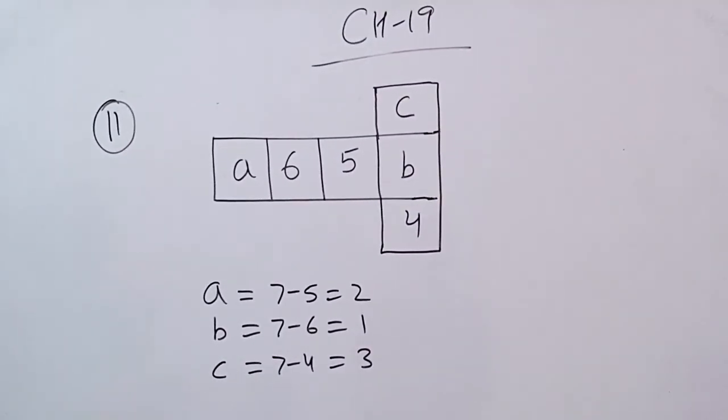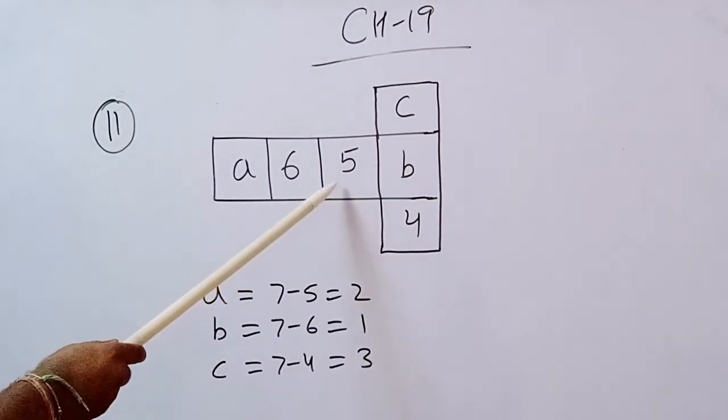Children, I am taking question number 11, in which dice are cubes where the sum of the numbers on the opposite faces is 7. Find the missing numbers A, B, C. What is given? Dice are cubes where the sum of the numbers on opposite faces is 7. So we will use this identity.